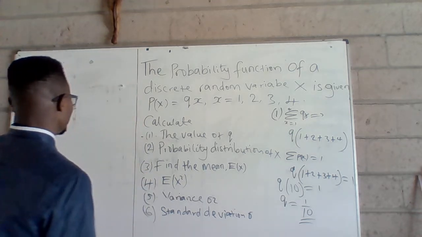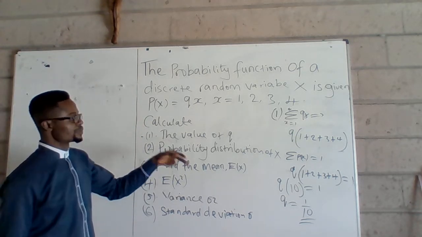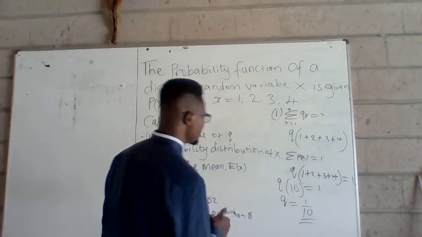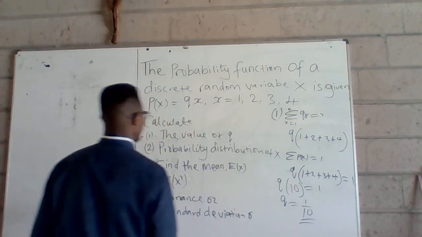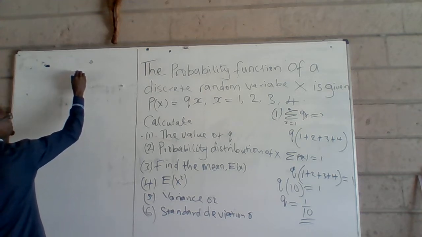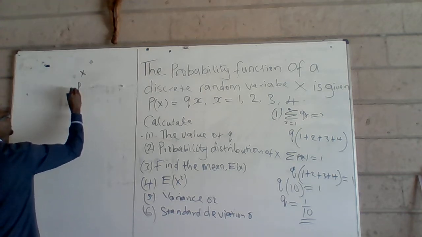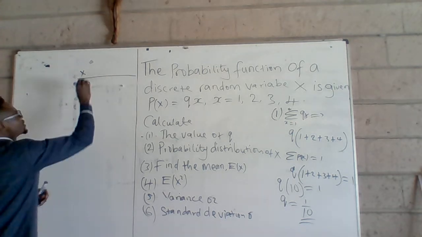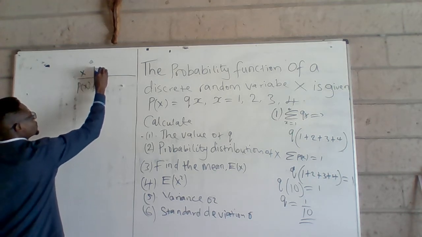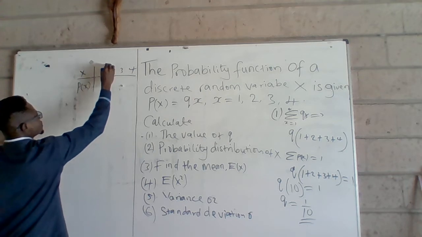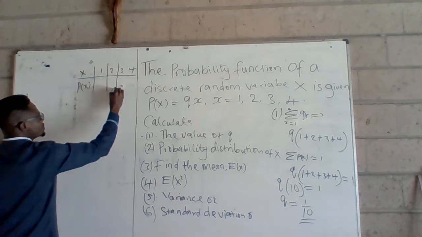Now, the second part, we are to find the probability distribution of that function. And we already have q, which means that now we can construct our table. We have the x, and then we have the probability of x. And remember, x ranges over 1, 2, 3, and 4.